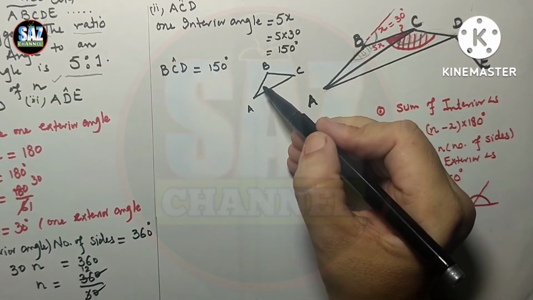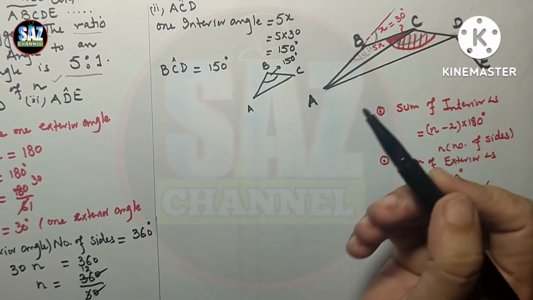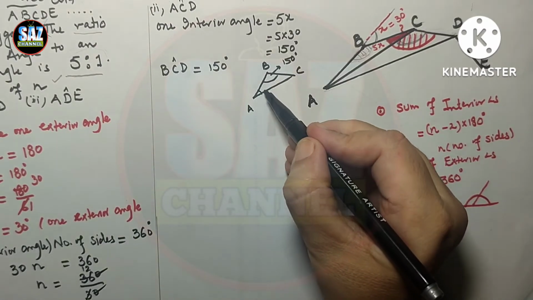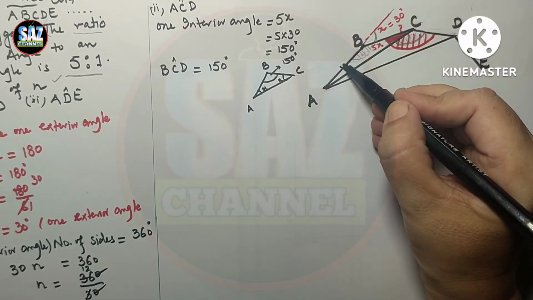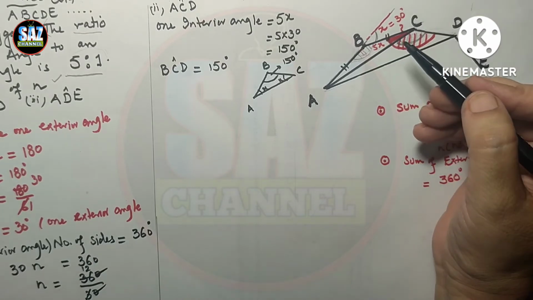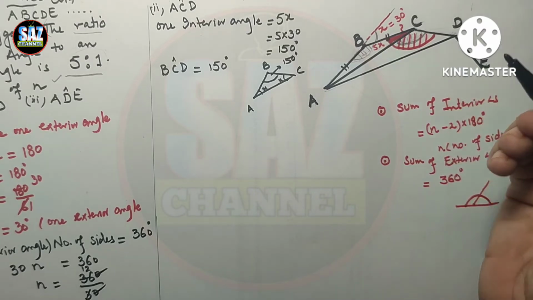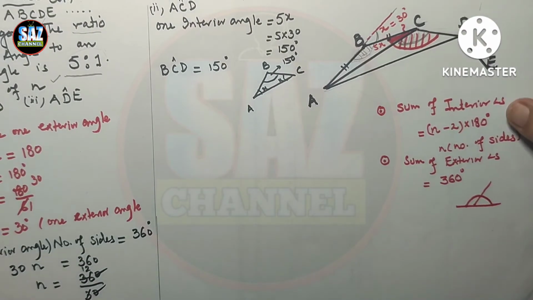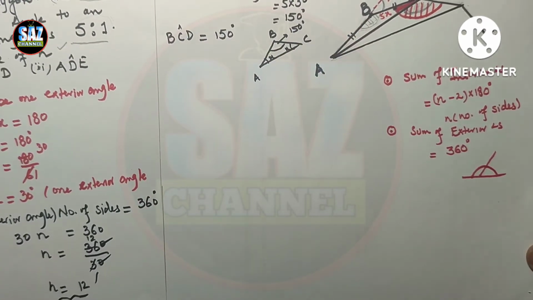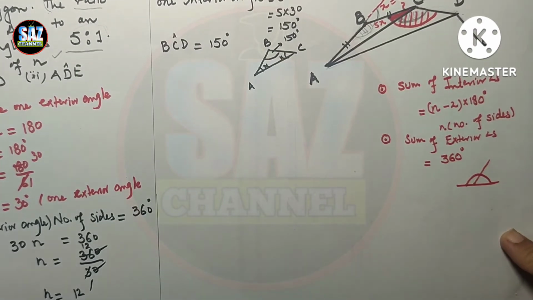Now this angle is of measure 150 degrees, and we do not know about these two angles, x and x, but we know that AB and BC are the sides of the regular polygon, and if they are the sides of the regular polygon, it means that the angles along these two sides will also be of equal measure. So we will suppose that this angle is equal to x, this angle is equal to x.